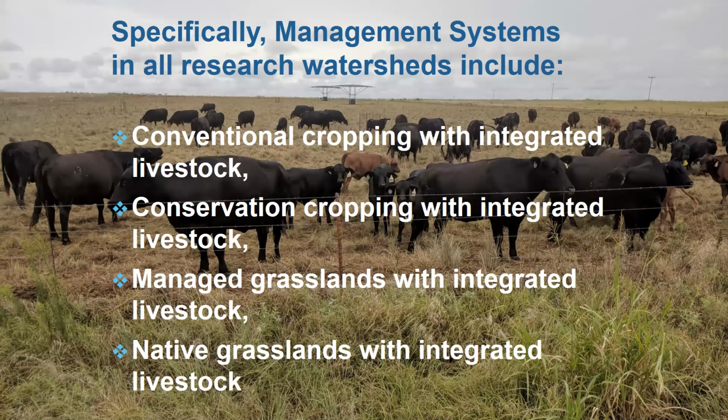Specifically, management systems in all research watersheds include conventional cropping systems, such as winter wheat, grown under conservation and conventional managements, both integrated with livestock components.